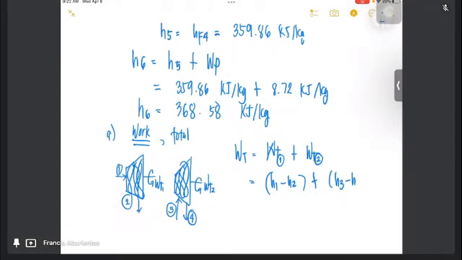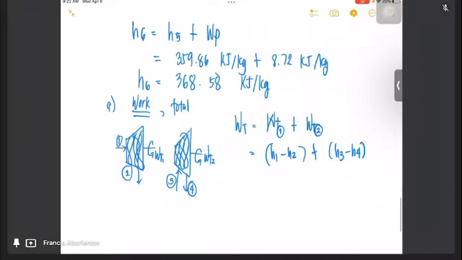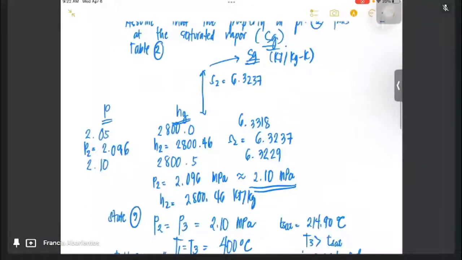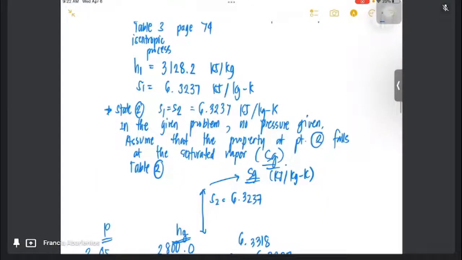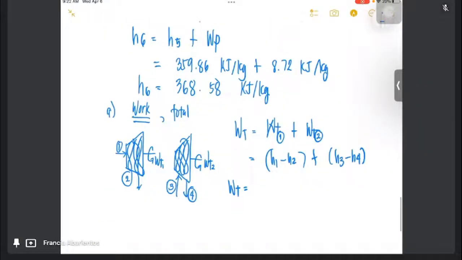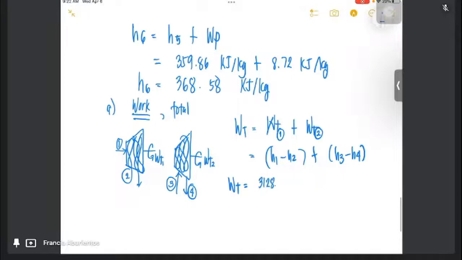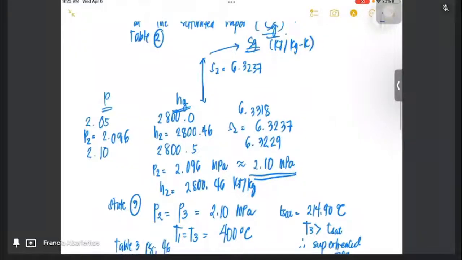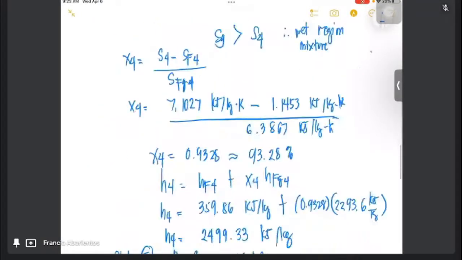Finding the work of the turbine is just an energy balance, remember that. Okay, let's solve. What is H1? 3128.2. Our H2 is 2,846.